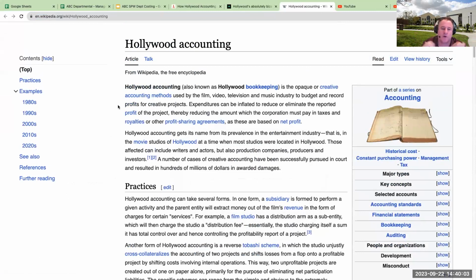Now, what I saw when I was doing a little bit of profit participation work is that as talent moved up the ranks and became more and more bankable, they said, "Oh no, you're not going to take any costs out. You're going to pay me on first dollar gross."